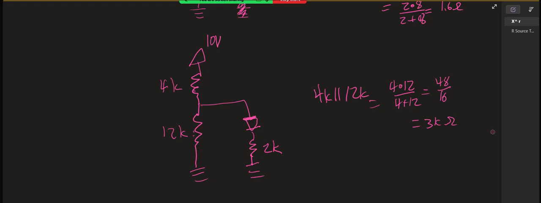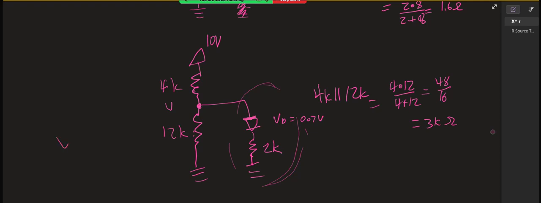Now we're going to assume that VD is 0.7 volts, because we're using a constant drop model. Then the next thing I need to do is find the voltage right there, which is as if this part was removed. So we can use voltage division.